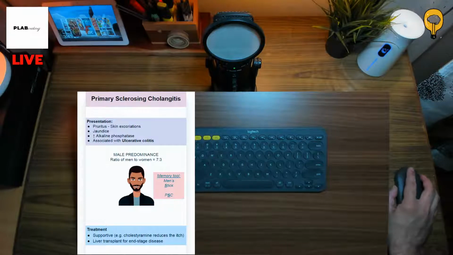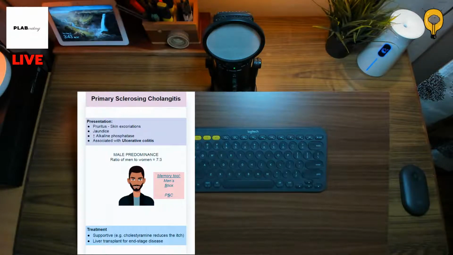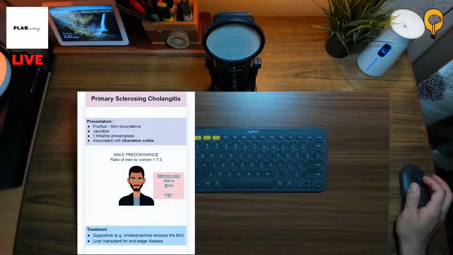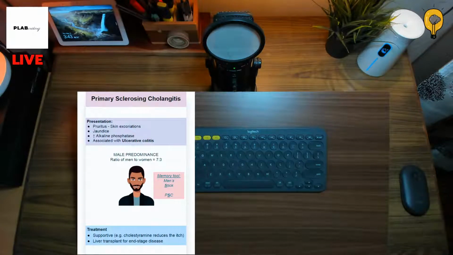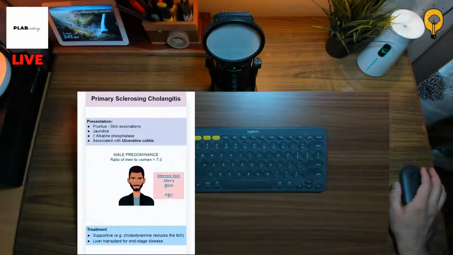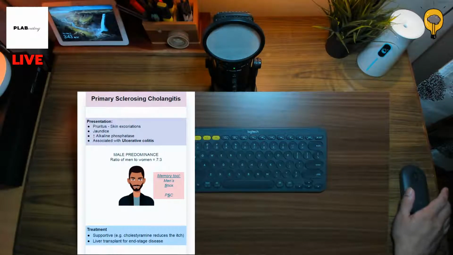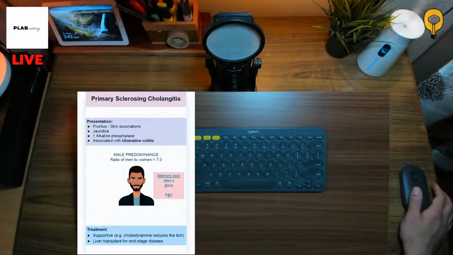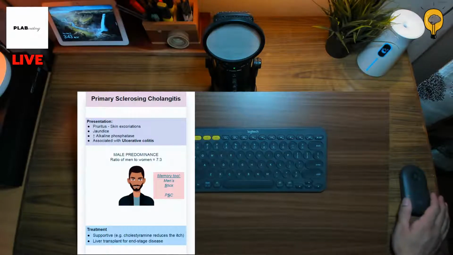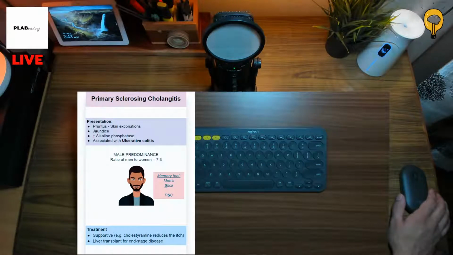First, let's go through primary sclerosing cholangitis. Here, presentation would be pruritus, jaundice, alkaline phosphatase raised, but it is associated with ulcerative colitis. It is not associated with autoimmune conditions such as thyroid disease, celiac disease, Sjogren's syndrome, or scleroderma, like in primary biliary cirrhosis, which is more commonly found in women, 9 to 1 ratio, female predominance.